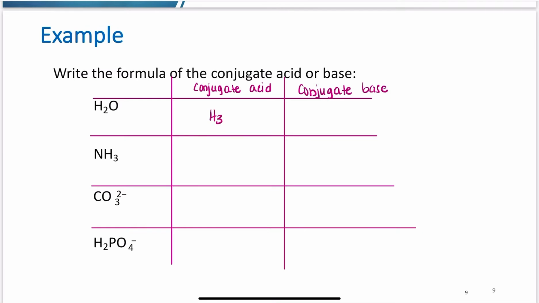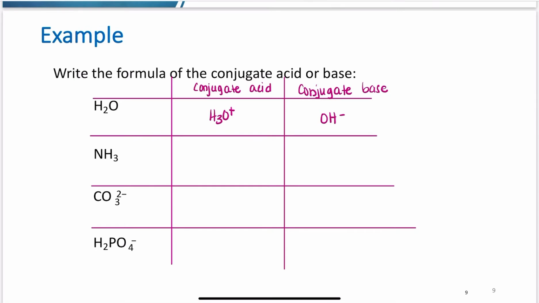The conjugate acid means it accepted a proton. Water acted as a base and accepted a proton. Now it's H3O+. Or the conjugate base would mean it was originally acting as an acid, so it donated a proton. It's now OH-.